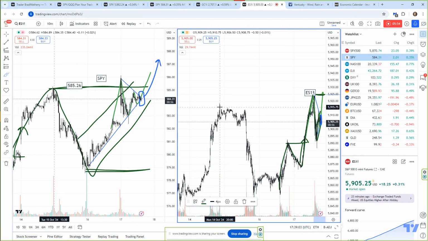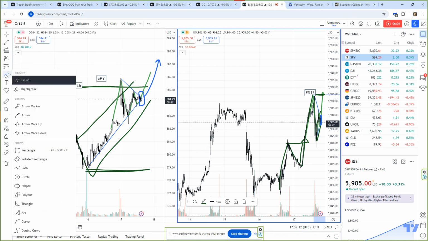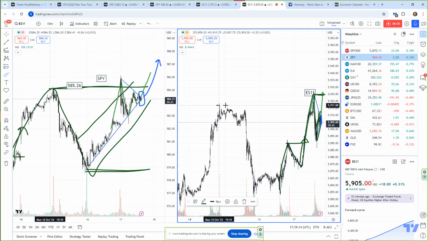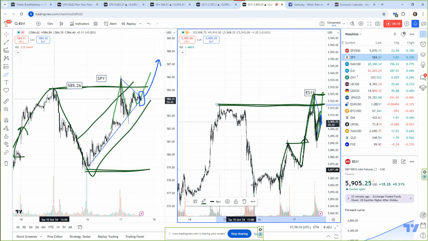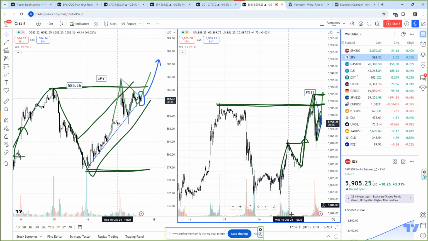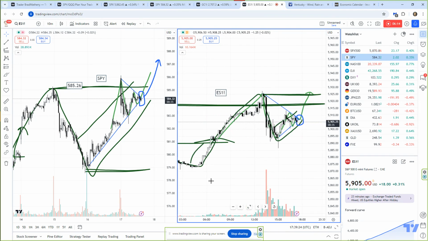We could theoretically draw this across here as a secondary zone, but we're going to need to really get above this 5925.50 on the upside.